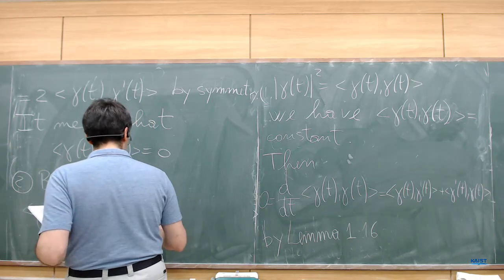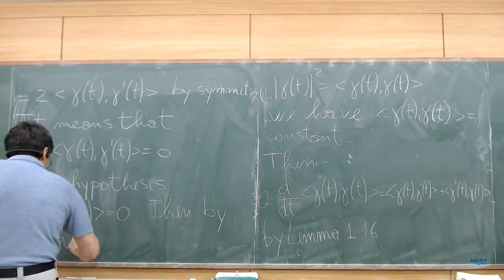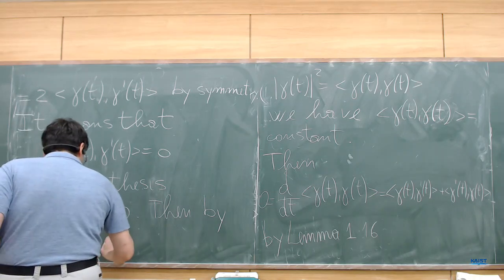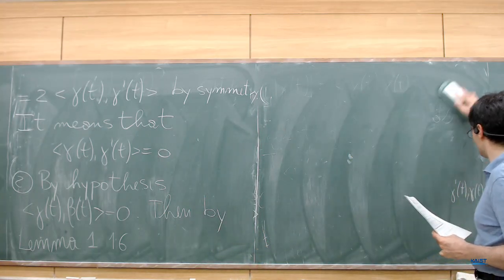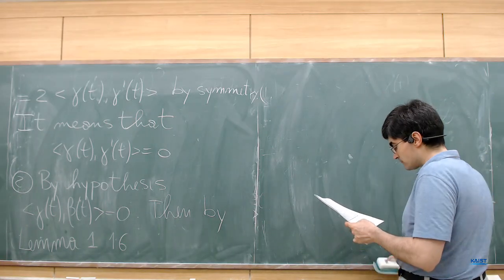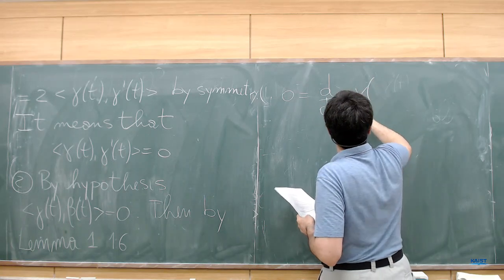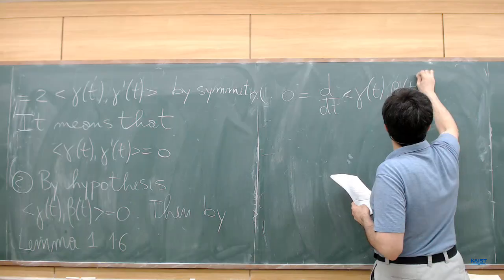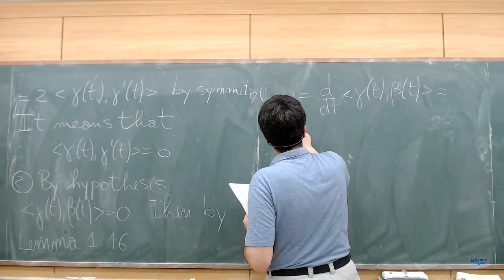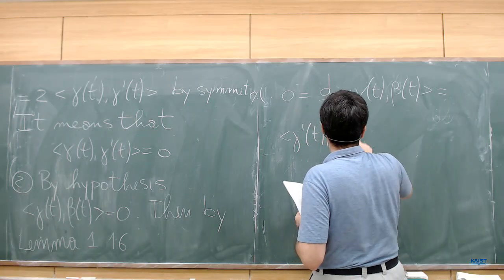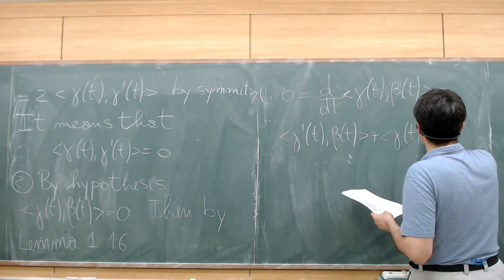Then once again by Lemma 1.16, we have that 0, this identity follows from the fact that this is 0, is equal to the inner product of gamma prime t and beta t plus the inner product of gamma t and beta prime.